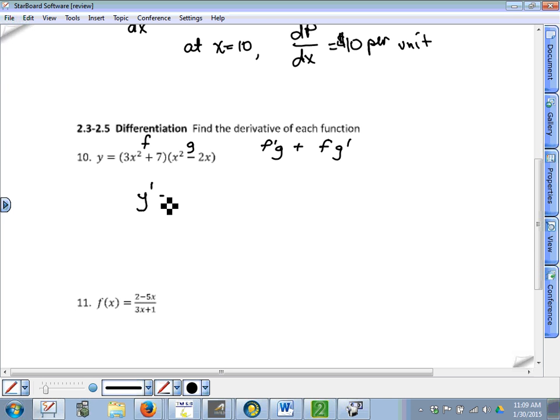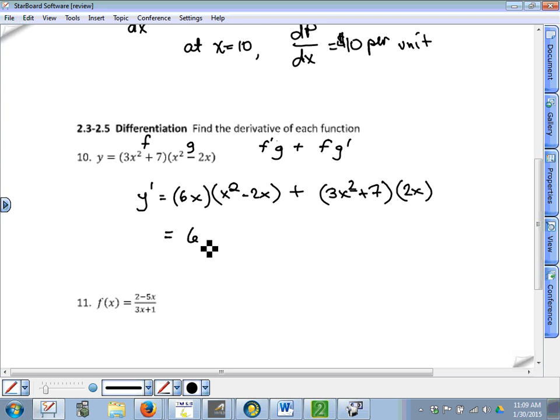So y prime would be the derivative of the f function, which is 6x, multiplied by the g function, x squared minus 2x, and we add the f function multiplied by the derivative of the g function, and then simplify.